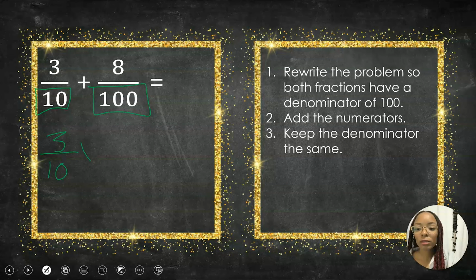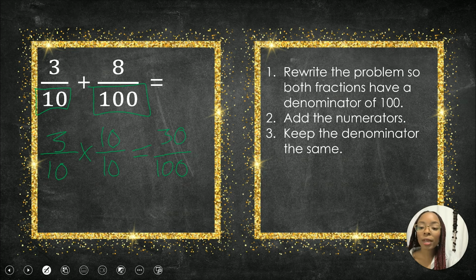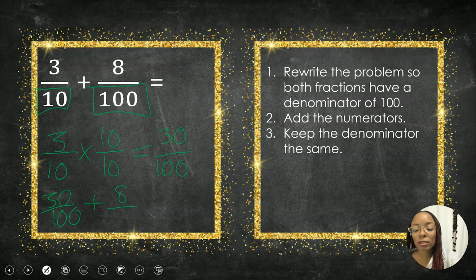We're going to make it so that we have an equivalent fraction whose denominator is 100 by multiplying both the numerator and the denominator by 10. So now we have 30 hundredths plus 8 hundredths.